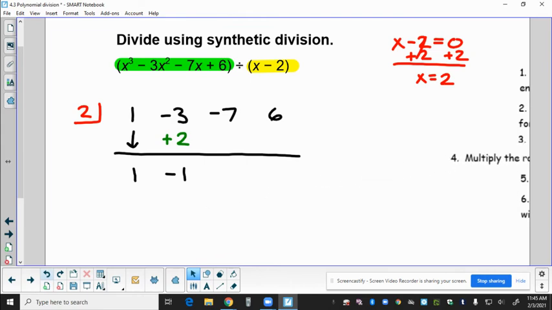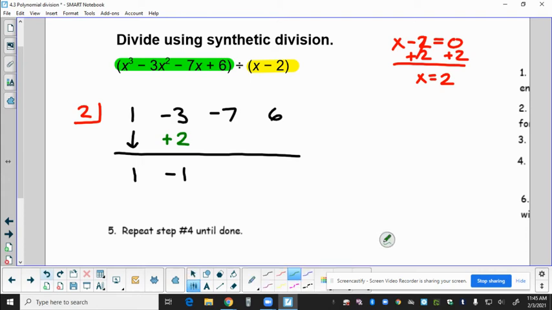Step number 5. Repeat step number 4 we just did until you are finished. Okay? Now I want you to multiply those two together. That would be -2, wouldn't it? Combine them together.